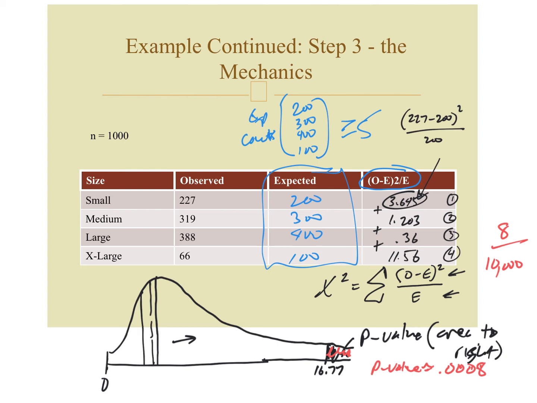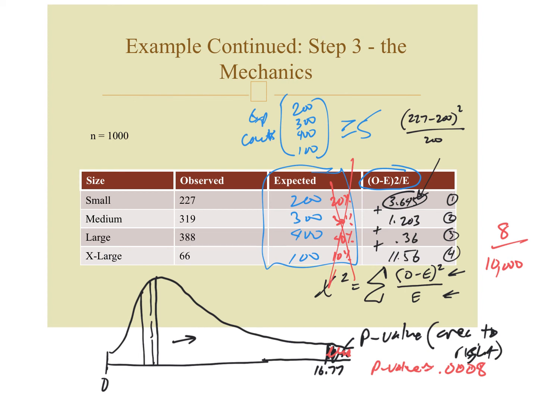In other words, if we had checked 10,000 months, we'd expect only 8 of them to have missed our mark by this much, assuming it was supposed to follow the rule that we thought, which was 20%, 30%, 40%, 10%. So our miss here was so drastic that we ended up having some pretty strong evidence that our original expected belief was just wrong.